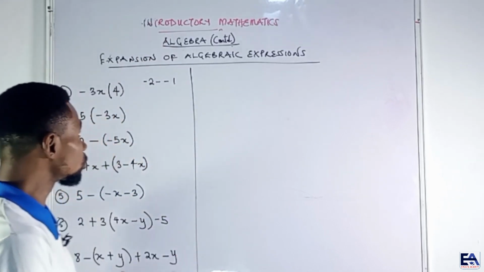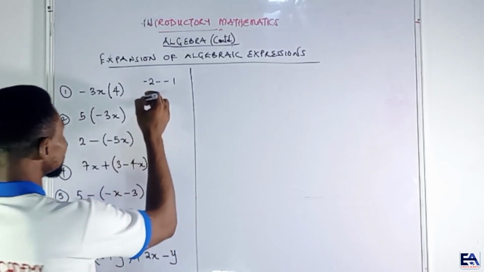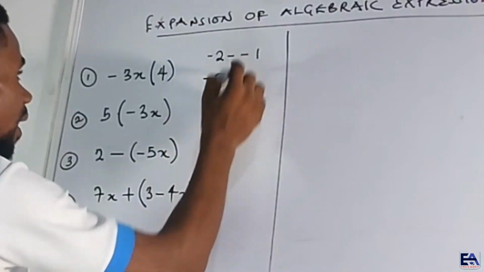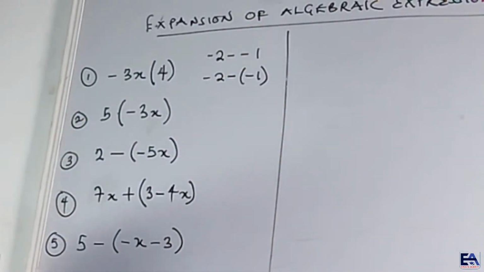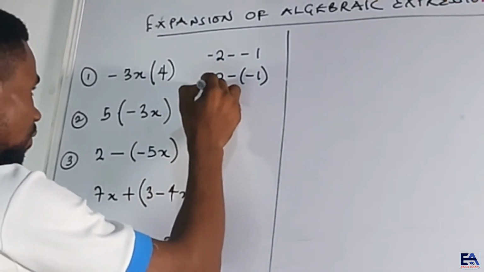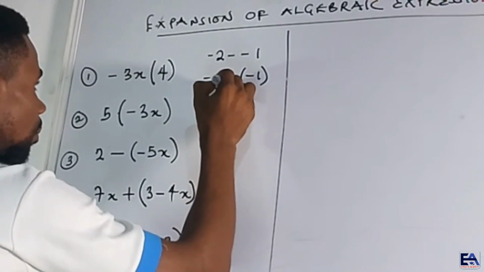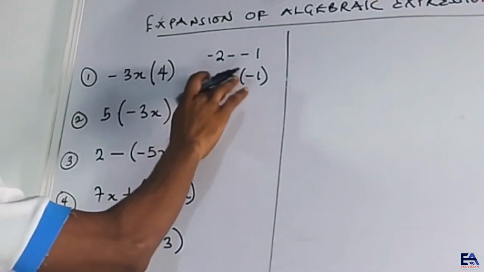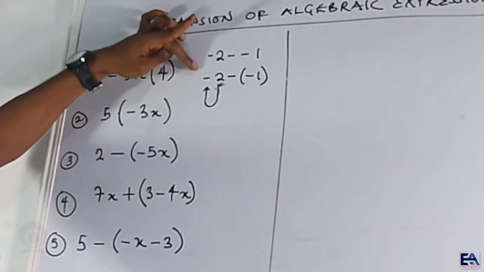So if you want to gain clarity with this expression, you would rather write it as (-2) minus (-1), so that it indicates that this minus here works with this number 2 to show that 2 is a negative number.